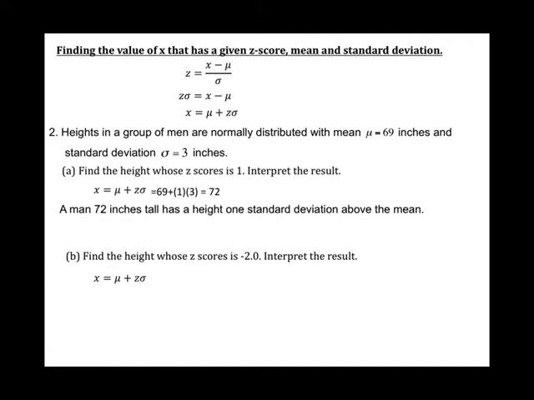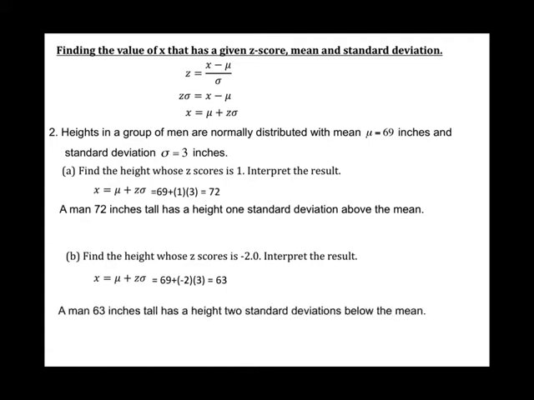And this time your z-score is going to be negative 2. Okay, interpret the result. A man 63 inch tall has a height 2 standard deviations below the mean.